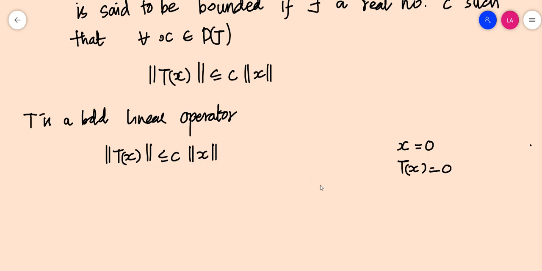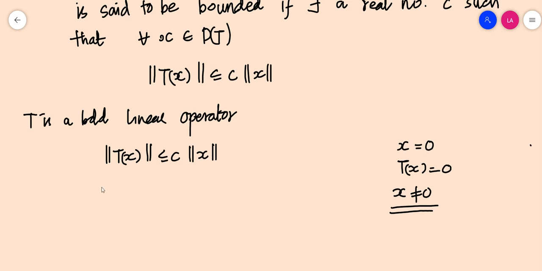So if x is not equal to 0, the validity of this inequality implies that the operator is bounded. We can exclude the case when x is equal to 0, which is trivial.